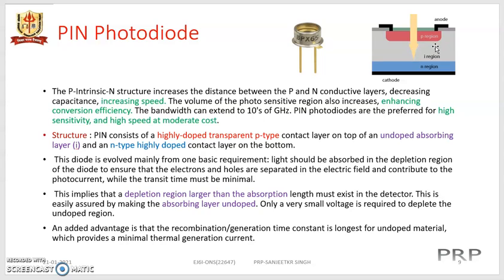The intrinsic layer is undoped and absorbs the light, and down here we have the bottom N-type layer, which is equally highly doped. These are the metallic structures for connection, and down here we have the cathode connection, the metallic contact.